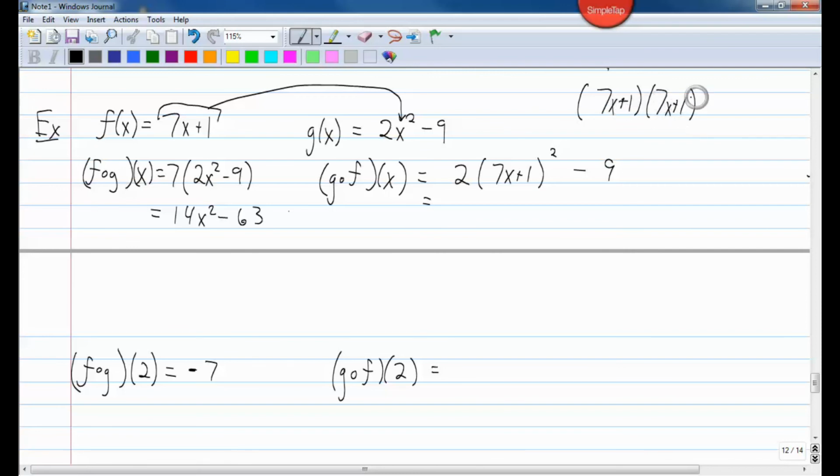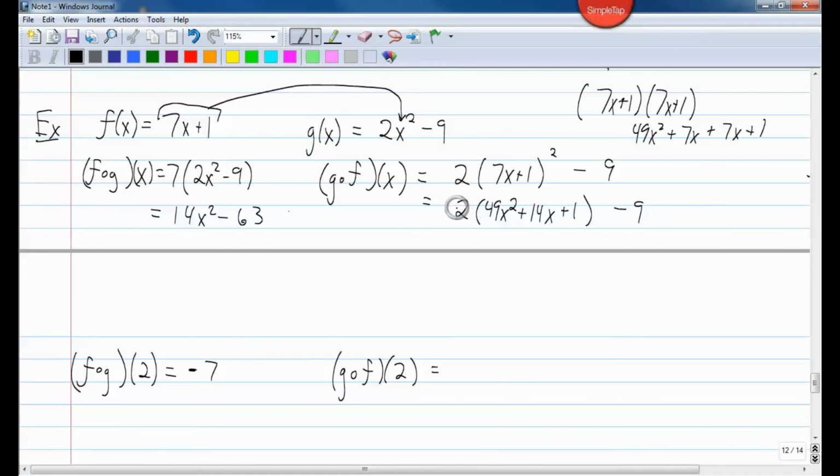Now, when you FOIL that out, first, so that's going to be 49x squared, outer plus 7x, inner plus 7x, last plus 1. So this right here is 7x plus 1 squared. So 2 times 49x squared plus 14x plus 1 minus 9.